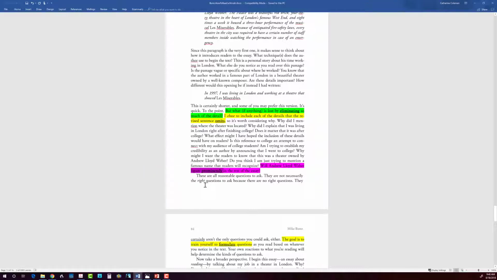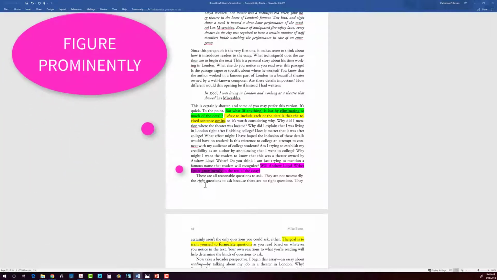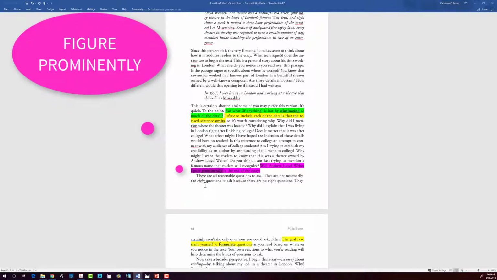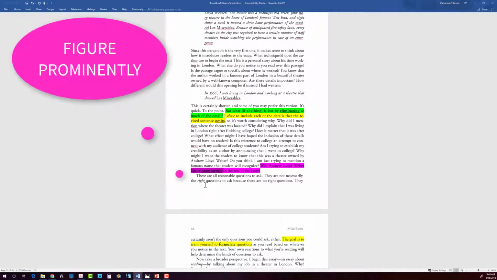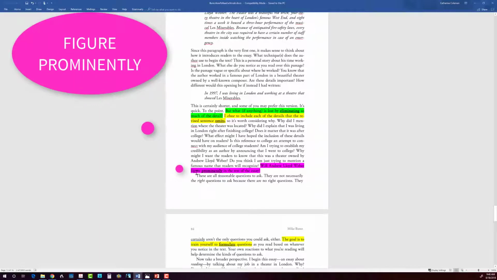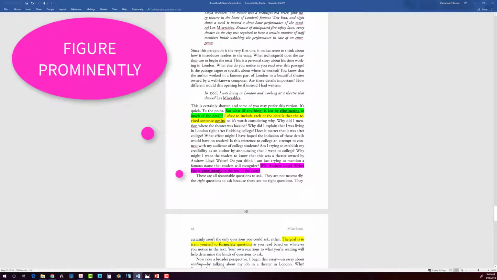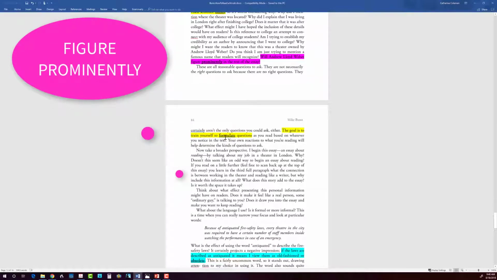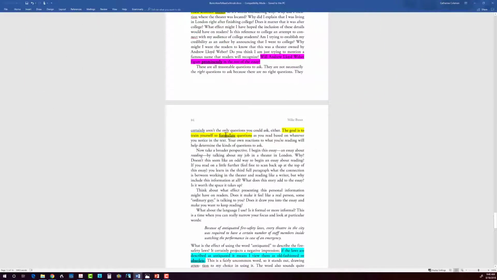Another reason I chose this for you is because figure prominently is another idiomatic chunk that collocates. These two words go together. To figure prominently means to be prominent, to be important in the situation. So figure prominently is something that you're going to see over and over again.